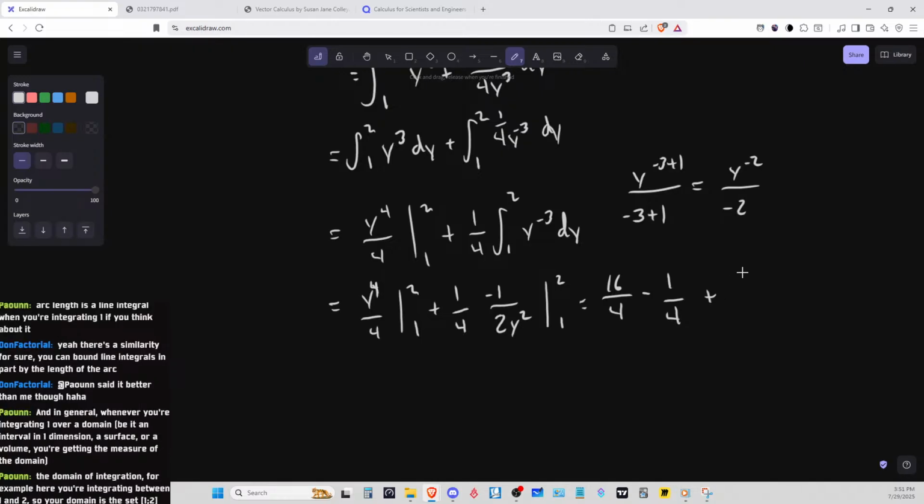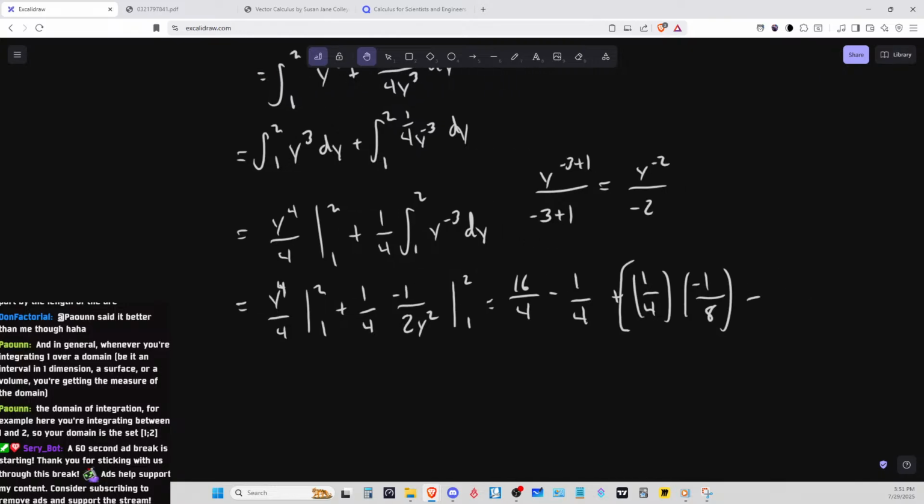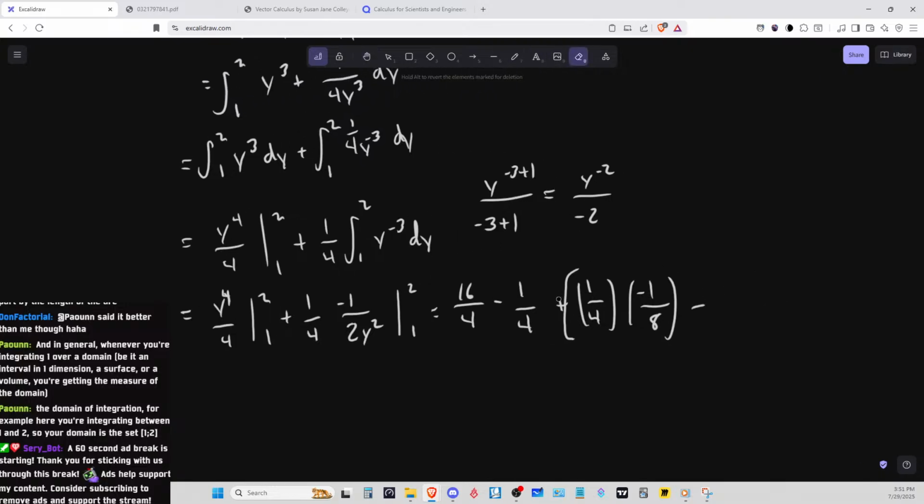Then we can add that with negative... It's 8 minus... That's pretty messy. Just write it like this.